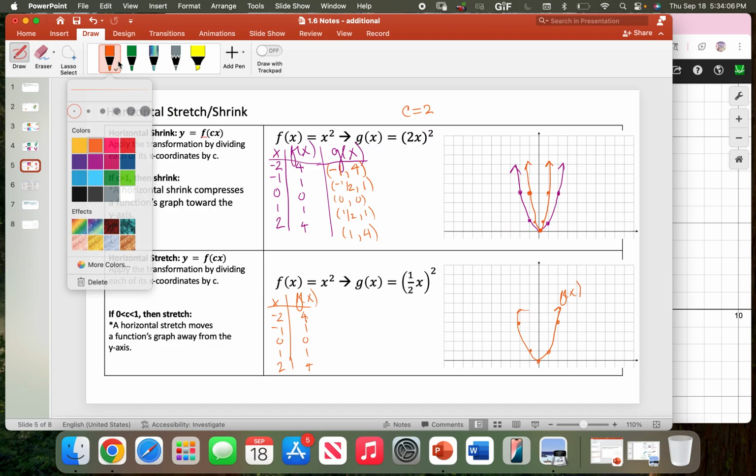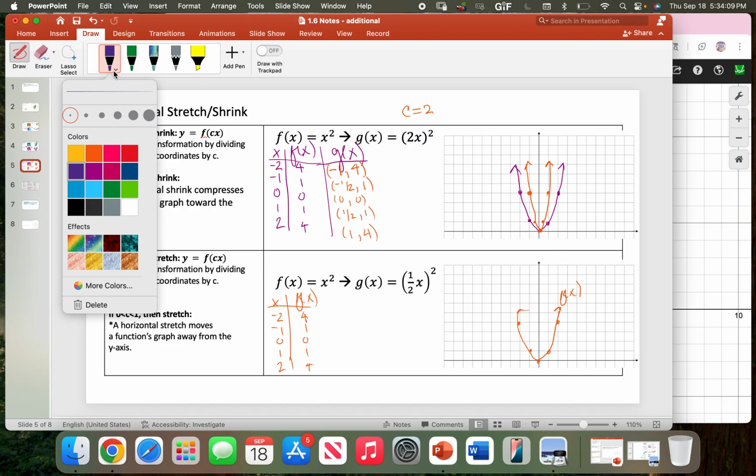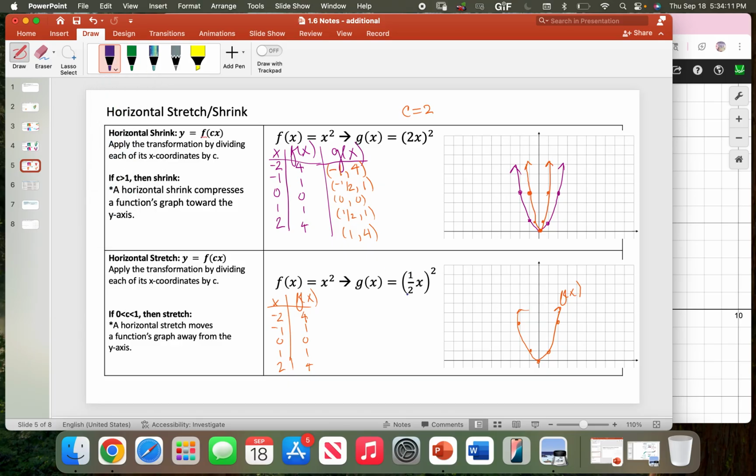We're still going to divide our x values, in this case, by the c value. Just remember that division by a fraction is the same as multiplying by the reciprocal. So if we're dividing by 1 half, we're multiplying by 2. Negative 2 divided by a half is the same thing as negative 2 times 2. That's negative 4. Negative 1 times 2 is negative 2. 0, 0 stays the same. 2, 1, and then 4, 4.